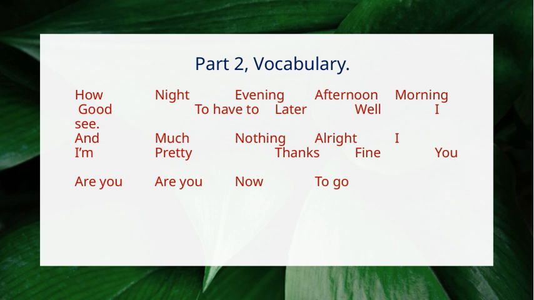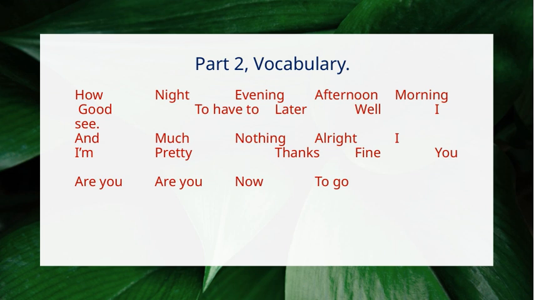There are also phrases like "I see," which is a common way to show understanding during a conversation. Words such as and, much, nothing, and all right are basic connectors or responses that keep the dialogue flowing smoothly. Then we have personal pronouns like I and you, which are the building blocks of most sentences.